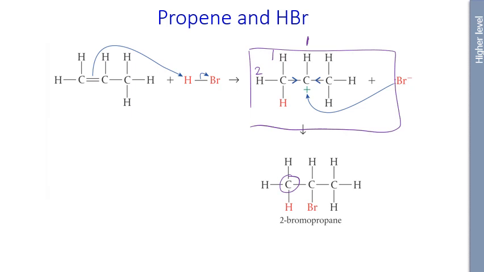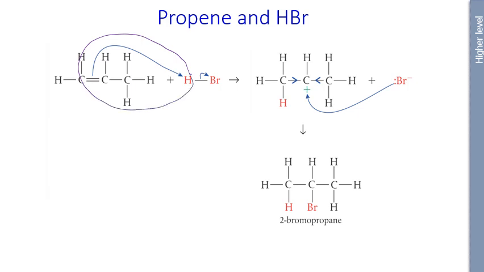Okay, so in terms of drawing the mechanism for this particular reaction, the curly arrow originates from the carbon-carbon double bond to the hydrogen atom of the hydrogen bromide. That's the first step; that's where the electrons go.